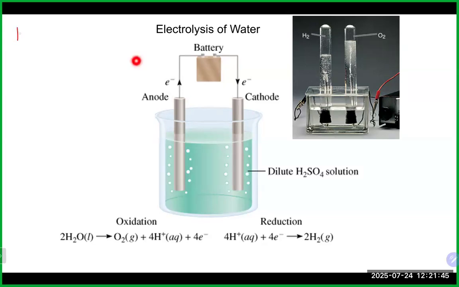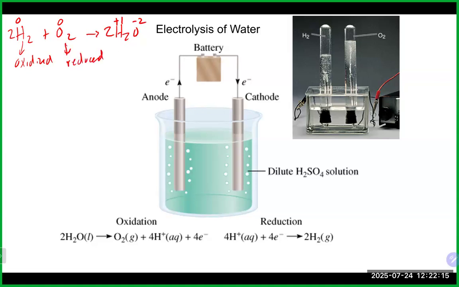When we make water, we're going from hydrogen and oxygen to water. In this situation, when we form water, we're going from 0 to +1, so our hydrogen here is getting oxidized. And going from 0 to -2 here, our oxygen is getting reduced.